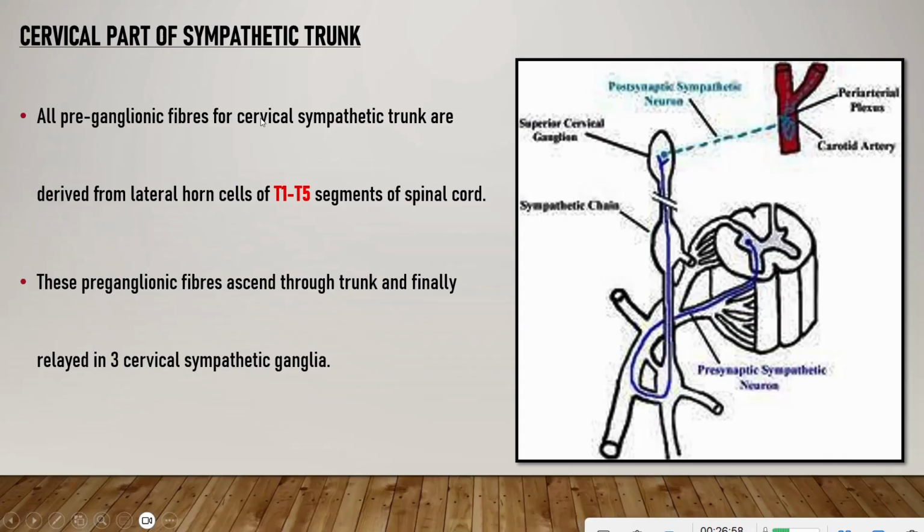So the cervical sympathetic chain does not have preganglionic fibers passing through the white rami communicantes, because the postganglionic fibers are coming from the T1 to T5 spinal segments.